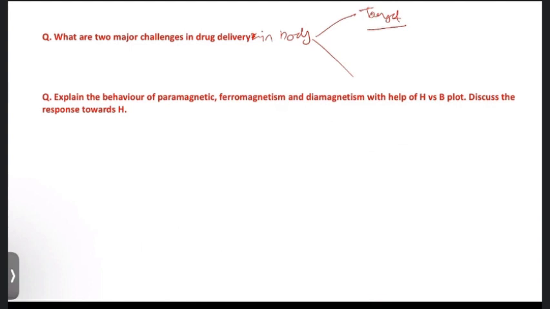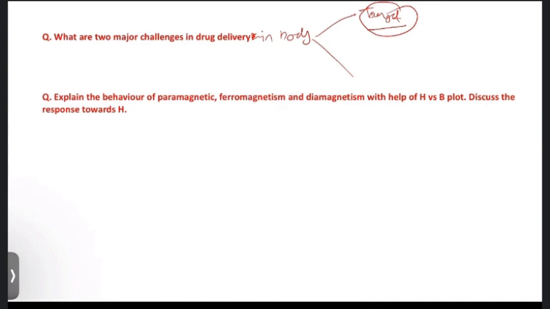The purpose of the drug is to improve the condition of the infected part. But the drug also gives its functions to all other body parts. So the target is the problem in drug delivery. Got it?